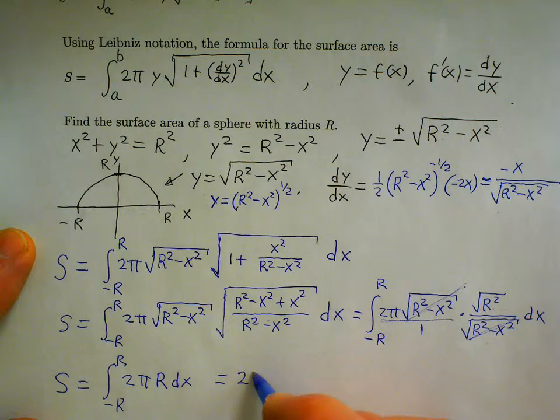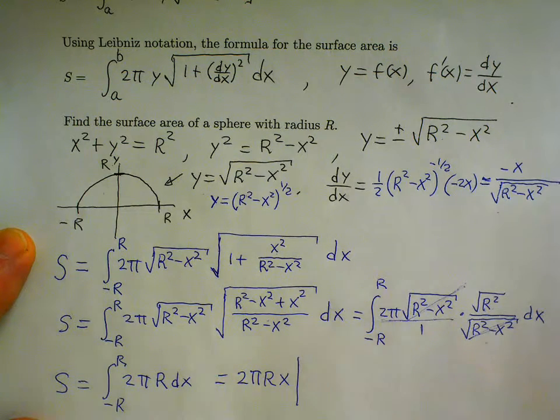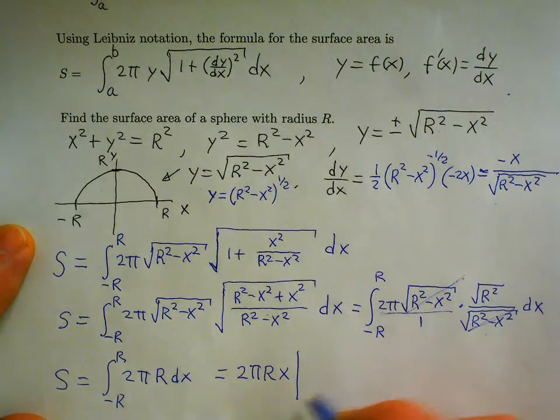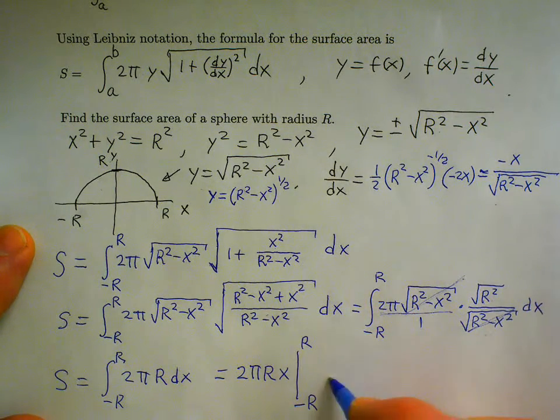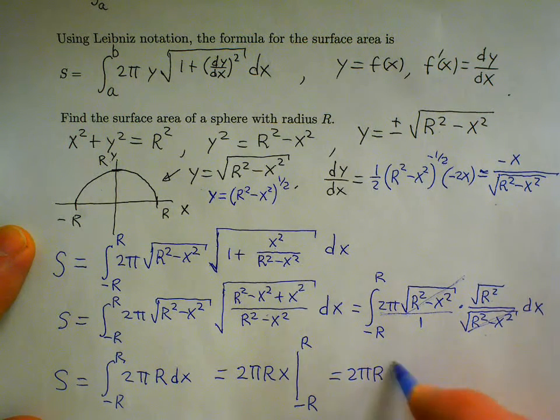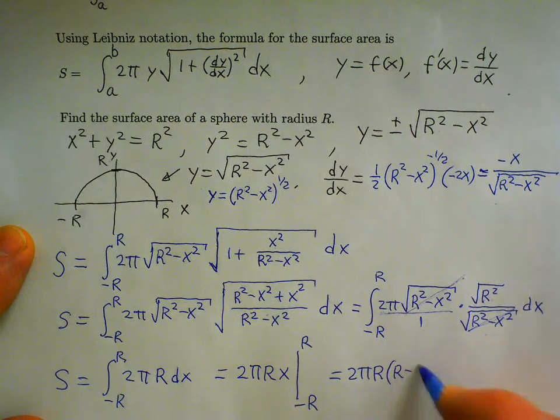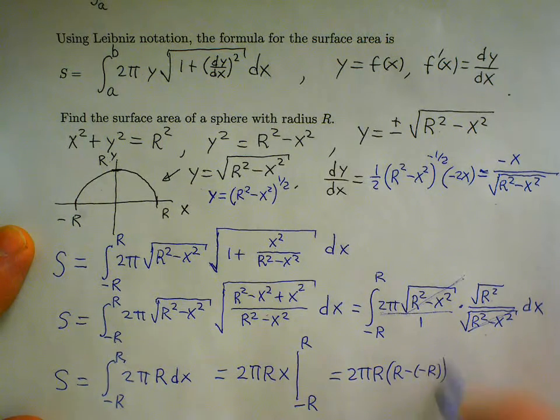So we get 2 times pi times r times x, and evaluate that antiderivative between x equals negative r and positive r. And we're going to get 2 pi r times the quantity r minus negative r. R minus negative r is r plus r, or 2r.